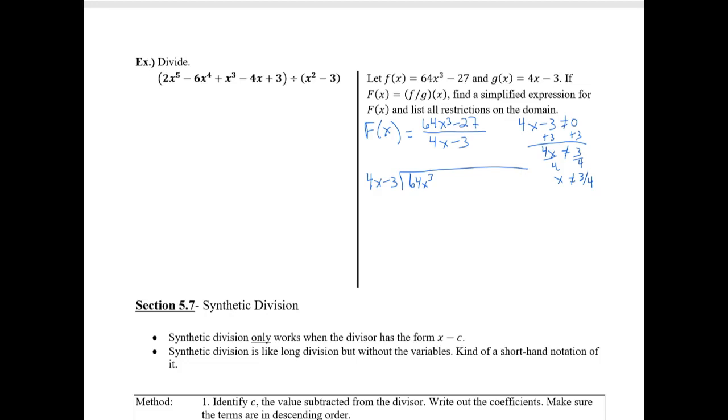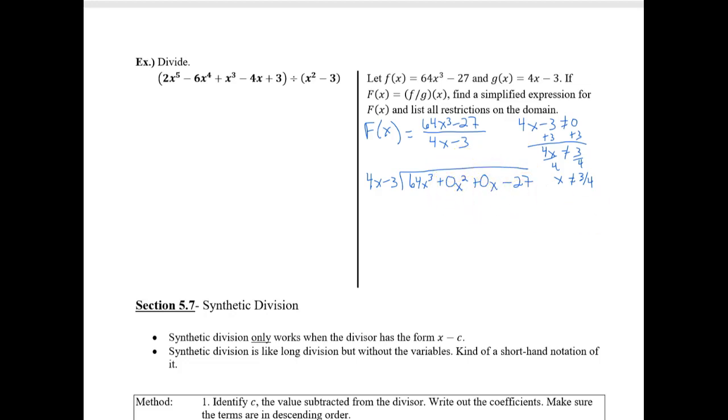So I have x cubed here, but I have 0 x squareds, and I have 0 x's, and then I have minus 27 as my constant. I need to fill in all my placeholders for the different degrees. This is degree 3, degree 2, degree 1, degree 0, my constant.